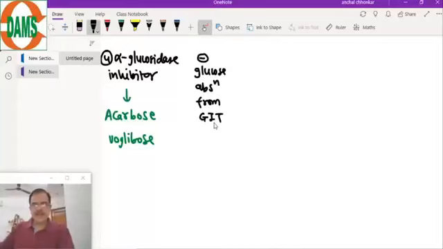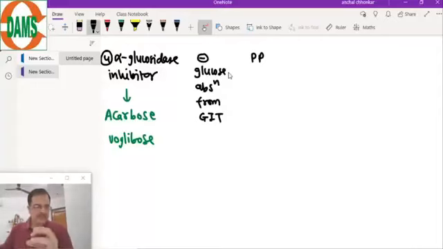So that means they are controlling the postprandial sugar. The postprandial sugar is what these agents will be controlling.